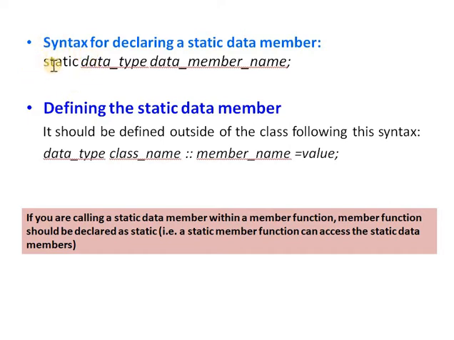After that, specify the data type of that particular variable or data member, and after that specify the data member name, meaning the variable name. This is the syntax for declaring a static data member in a class.